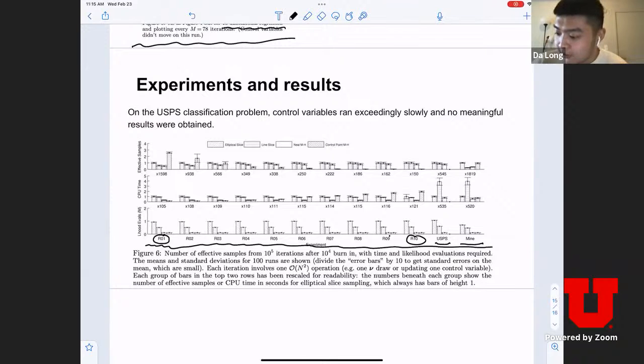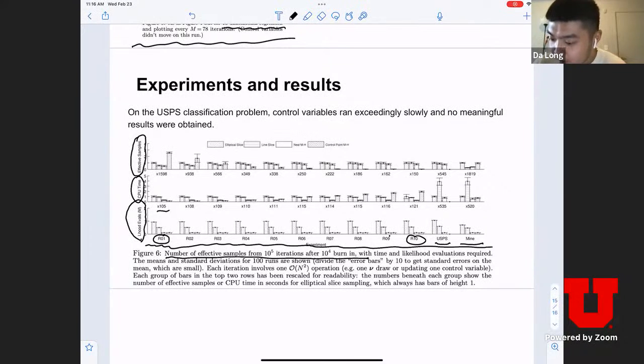The paper used 3 measurements: the number of likelihood evaluations, the CPU time, and the effective samples. The number below the bars means the scales. And this is the experiment setting. They collect the effective samples from 10 to 5 iterations after 10 to 4 burn-in.